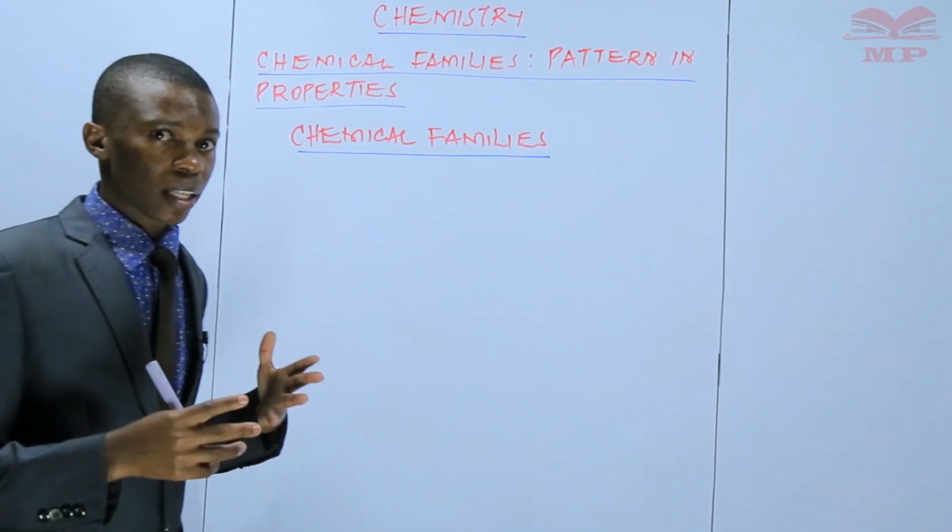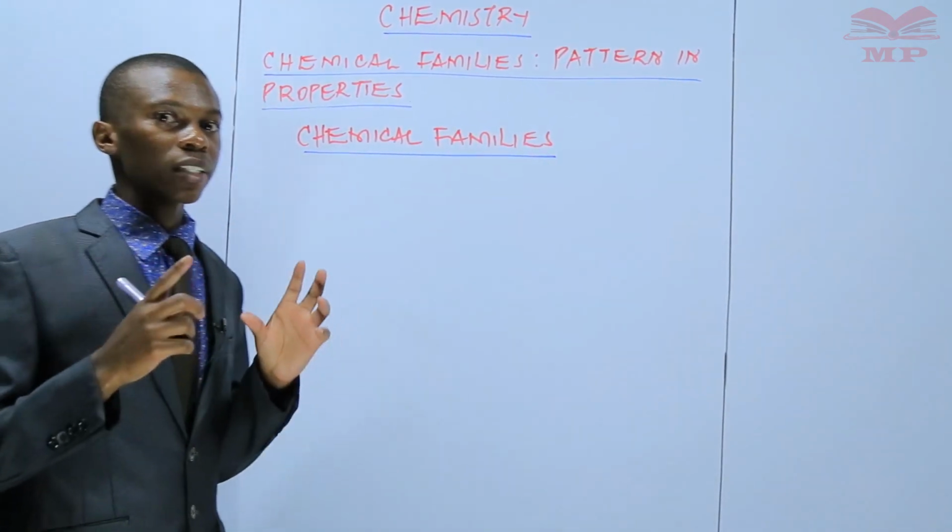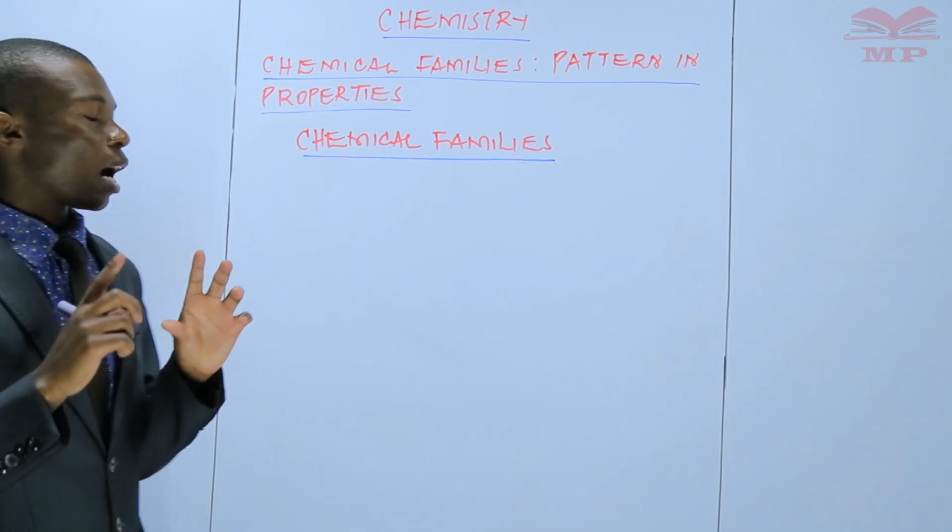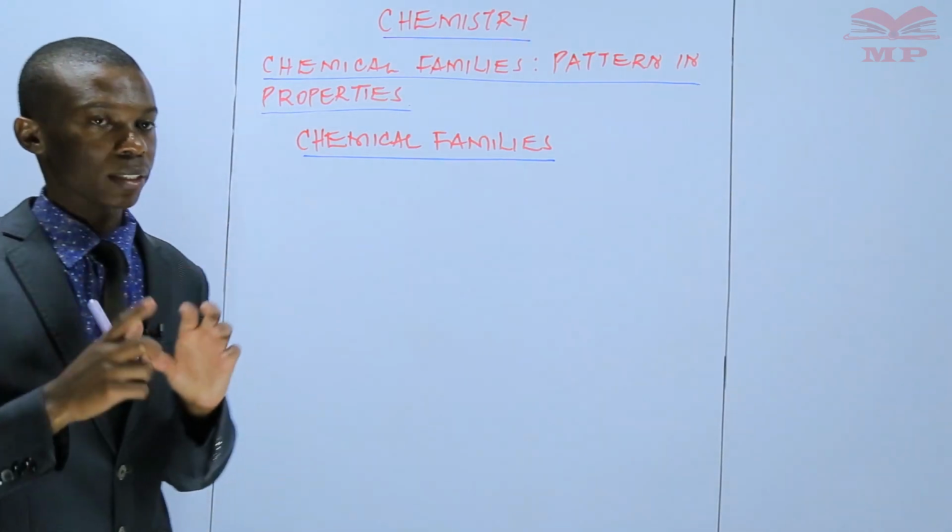As discussed earlier, elements in a periodic table are classified according to two things.